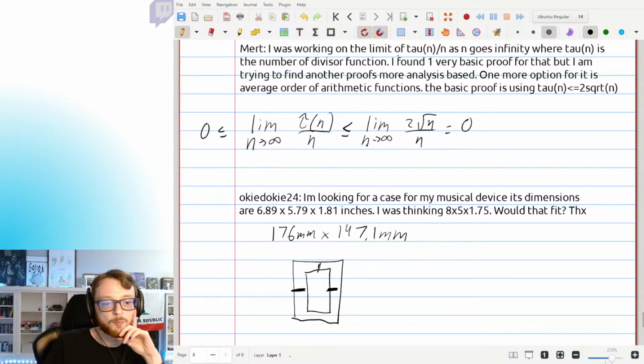And same for the top and bottom. So I think we'd subtract off 12 from each of these dimensions and then do the same thing that we just did. So I'd call it 164 by 135.1, and then check each of the dimensions individually.